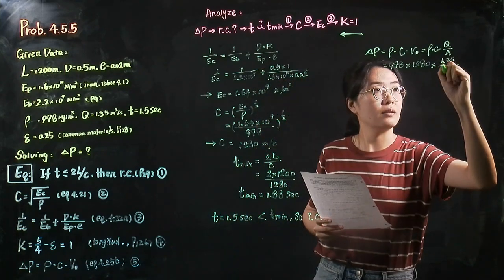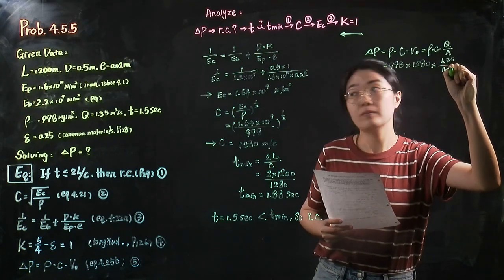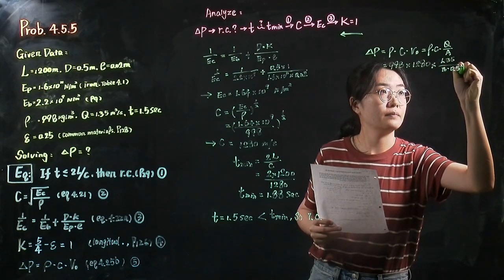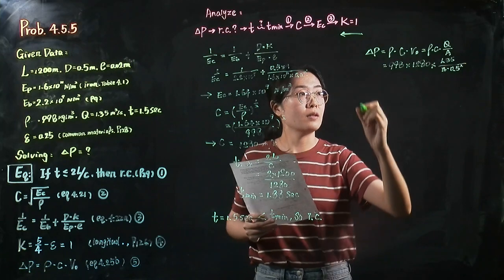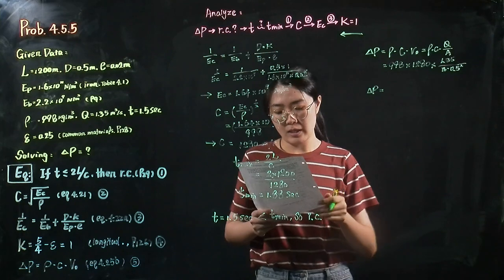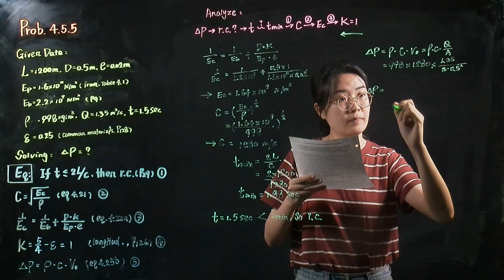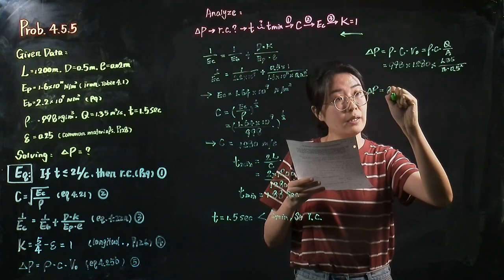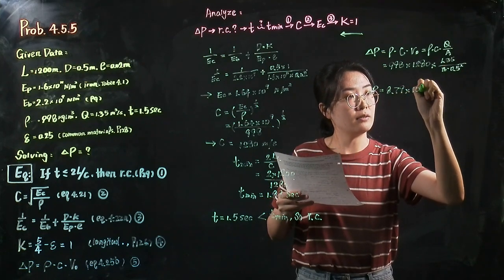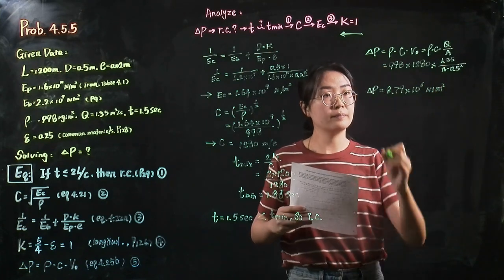Area is pi times d squared over 4, and d is 0.5. Then we can get the delta P. It equals 8.79 times 10 to the power of 6 Newton per square meter.